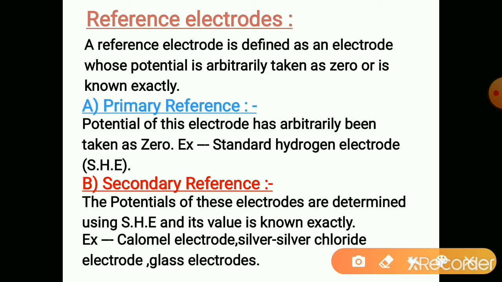The cell potential is the algebraic sum of the two electrode potentials. This implies that the half reaction at each electrode is associated with a potential called the electrode potential. However, it is not possible to measure the potential of a single electrode where only either oxidation or reduction occurs.